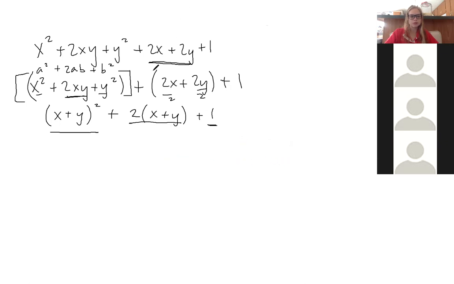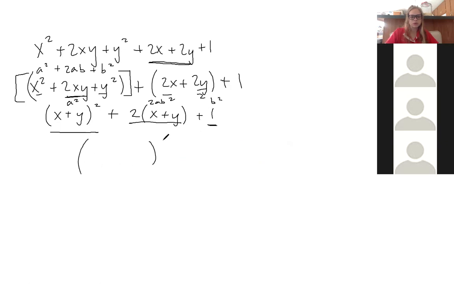So this one was tricky. So therefore this whole thing, x plus y, that is represented as your a squared. This is your 2ab, and this is your b squared.